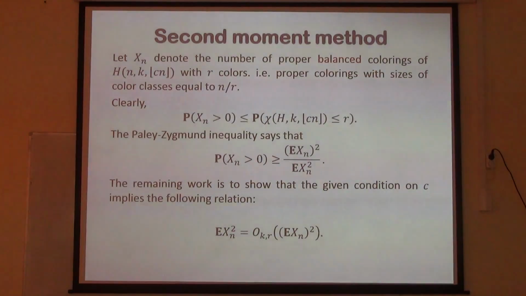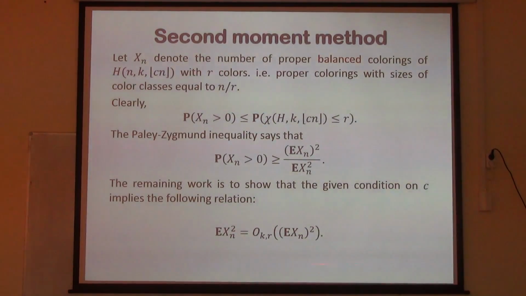So it remains to do the following. We want to prove that the second moment is at most some maybe big constant, depending on k and r, which are fixed now, times the first moment squared. So this is the idea.